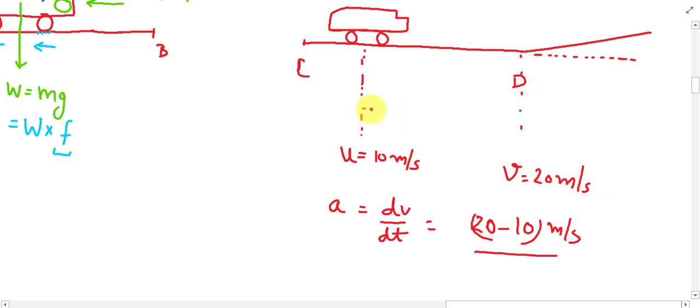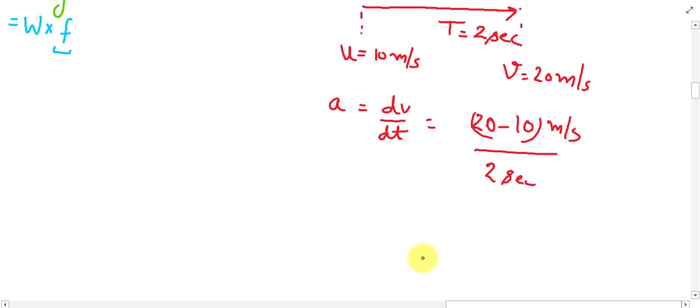Let's take this time as t and assume it as 2 seconds. So the acceleration produced by the vehicle in the form of extra work done is equal to 20 minus 10 divided by 2 seconds.